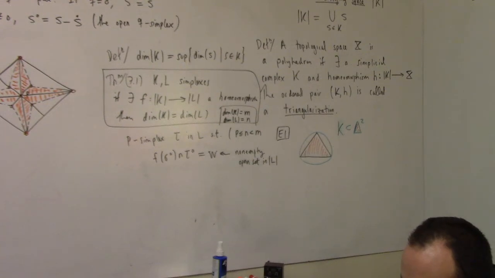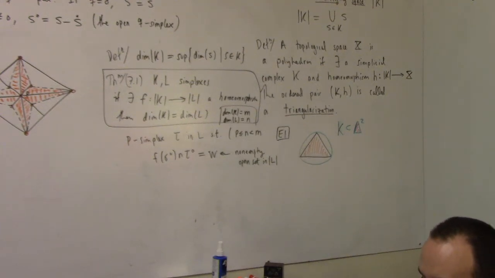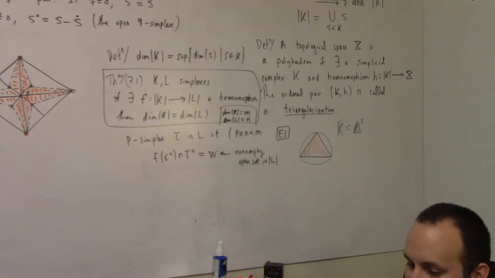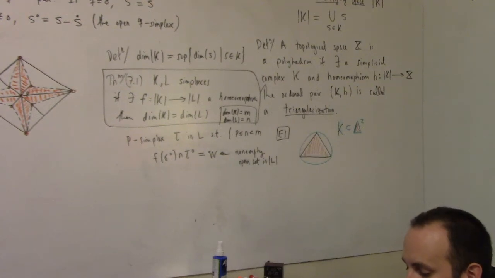As U is open and G of W is not, this contradicts the invariance of domain theorem from the last chapter, right? That was the last theorem. Invariance of domain: U and V subsets of Sn having a homeomorphism.